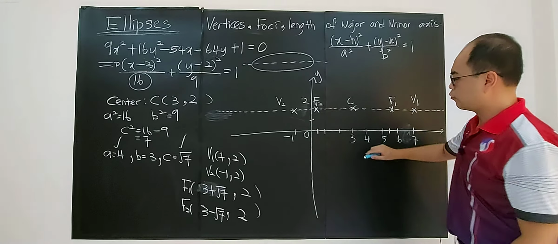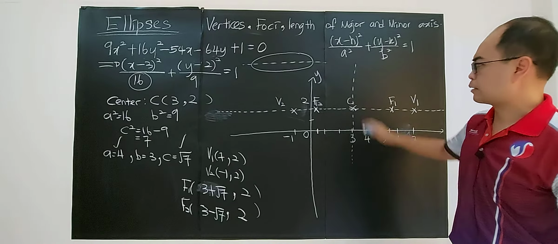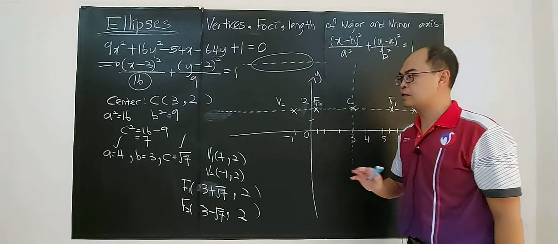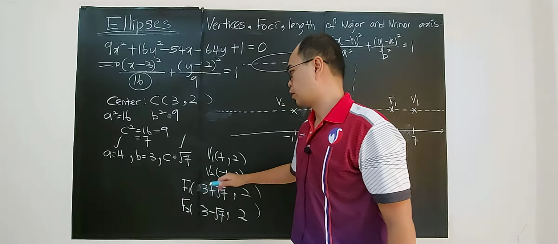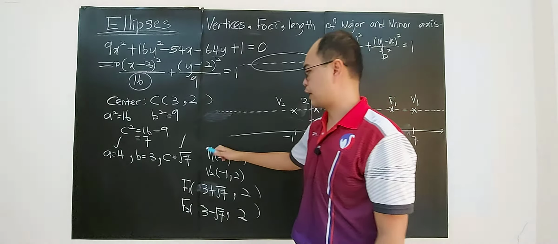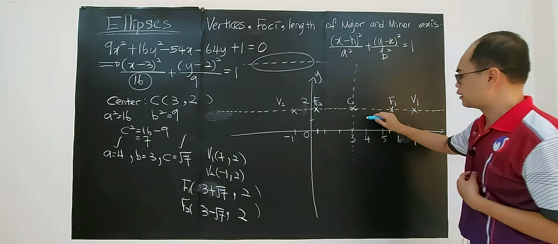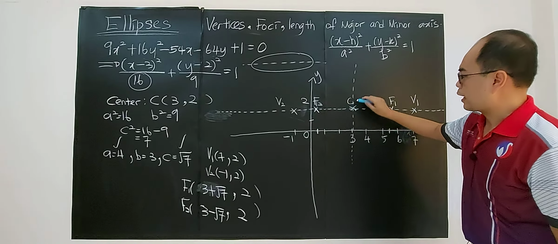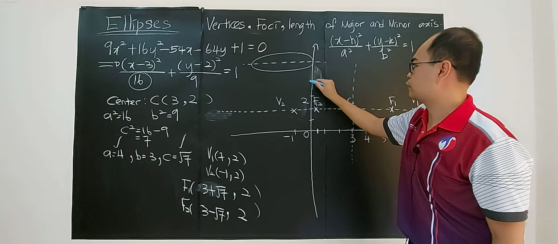Now let's go to the vertical minor axis. On the minor axis, I never label vertices, and there are no foci on the minor axis. But we look at the value here, 3. So from 2, add 3, and you get 5: 3, 4, 5.